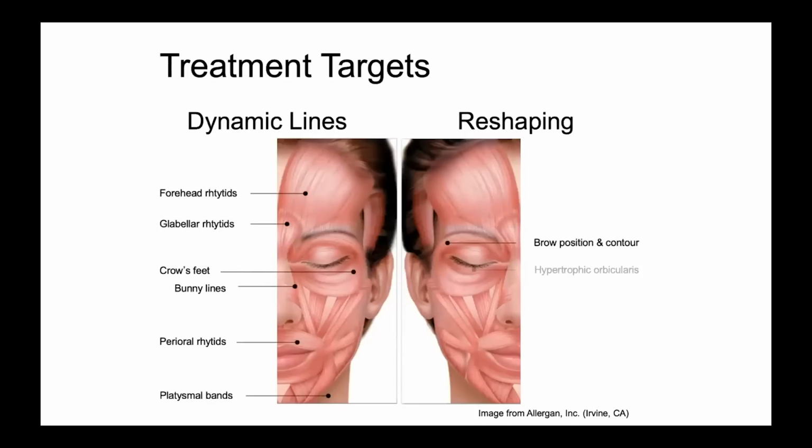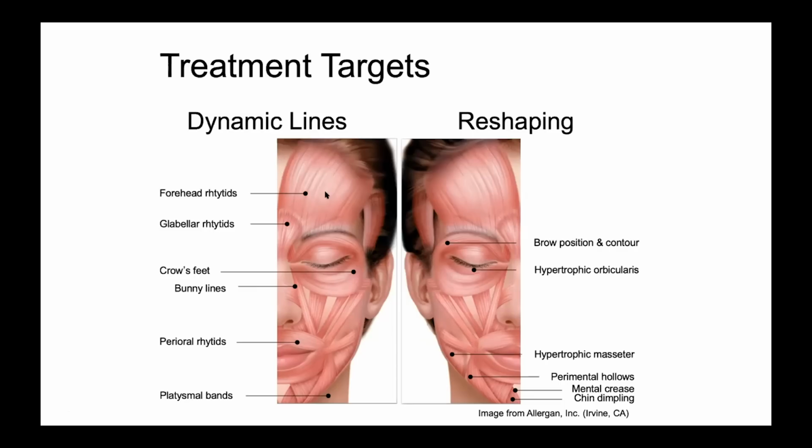There are a number of places that we can treat with botulinum toxin, and it really depends on what we're trying to achieve. So one concept to talk about is dynamic versus static wrinkles, or dynamic lines versus static lines. Dynamic lines are the lines that occur when we flex certain muscles underneath that skin.